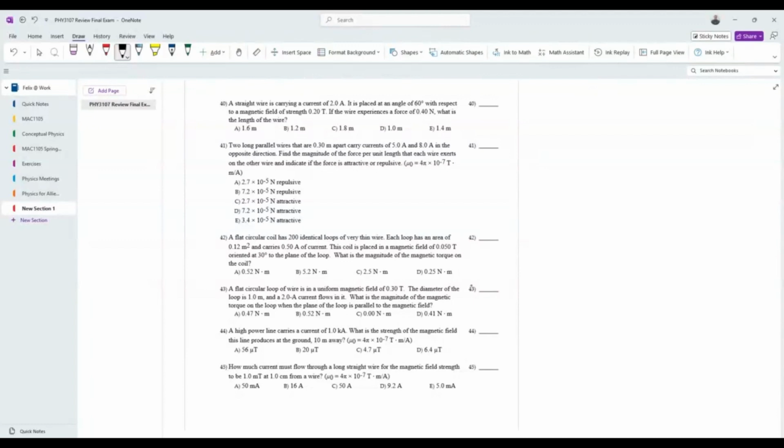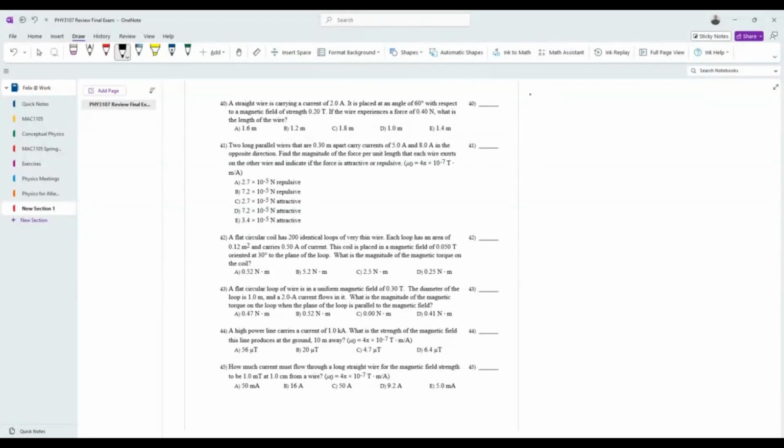Let's discuss now exercise number 40 here. A straight wire is carrying a current of 2 amperes. It's placed at an angle of 60 degrees with respect to a magnetic field of strength 0.20 Tesla. If the wire experiences a force of 0.40 newtons, what is the length of the wire?